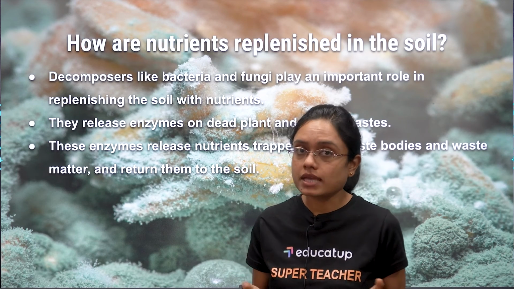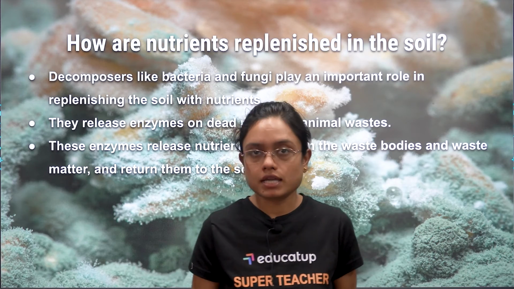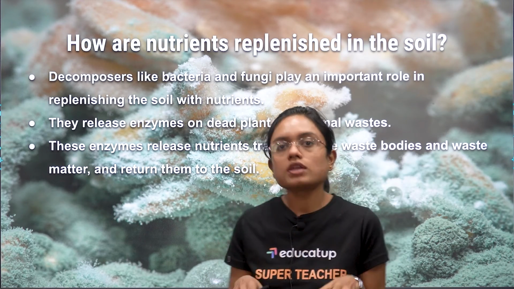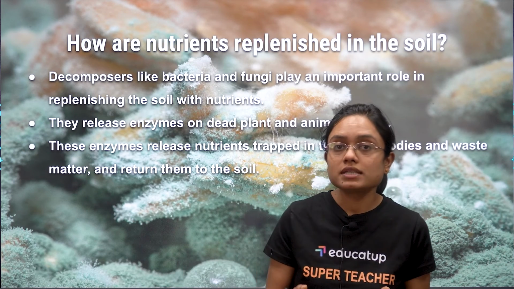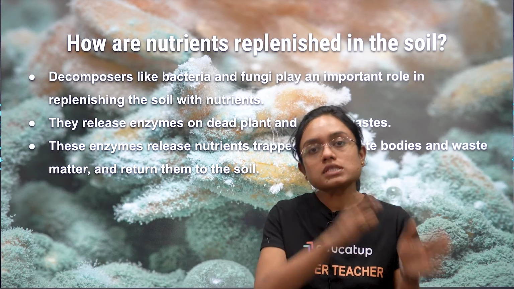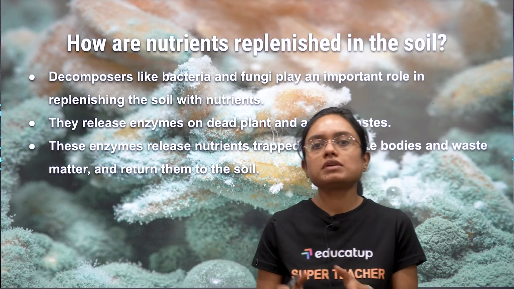And you know what are enzymes? These are certain chemicals which are synthesized in the body of an organism for the better functioning. So these enzymes, they secrete on these dead bodies of plants and animals. So whatever nutrients are present in these dead plants and animals, वो सब वापस soil में mix हो जाएं. And that is how the soil will be replenished.